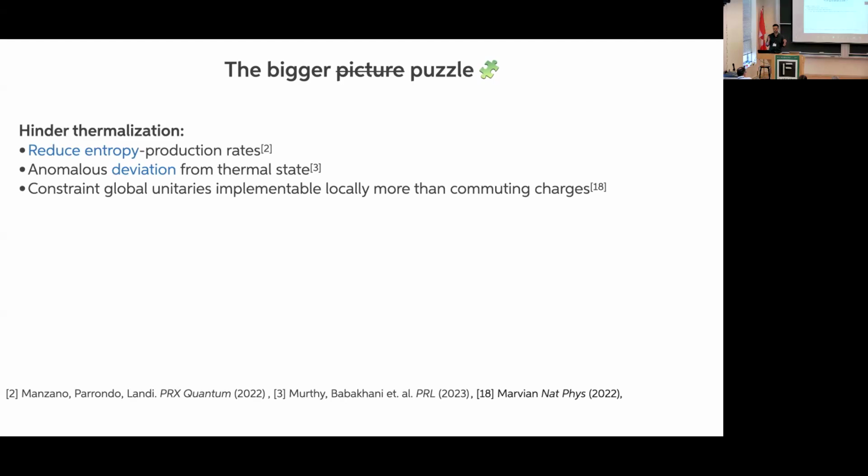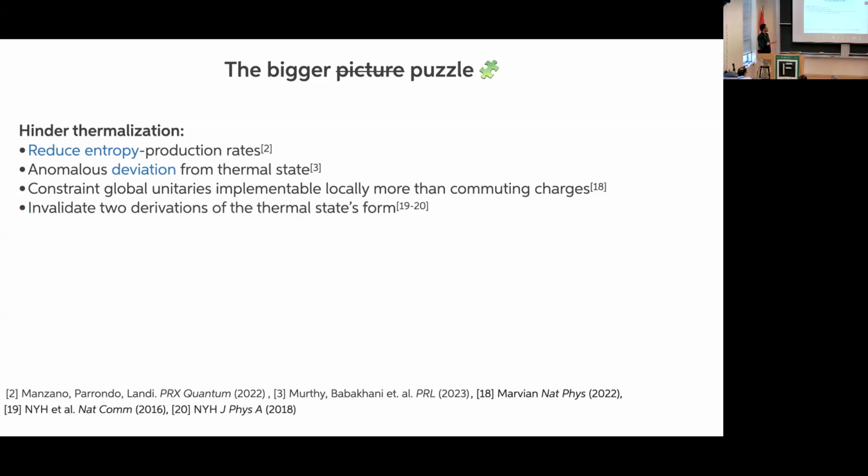In the symmetry-free case, you can build any global unitary from two-site unitaries. But now let's say you add the restriction that your local unitaries are U1 symmetric. Can you get any U1 symmetric global unitary? The answer is no. And that restriction becomes even more severe if you have a non-abelian symmetry. That was this work. And there are two derivations of the thermal state's form that are invalidated by non-commuting charges.